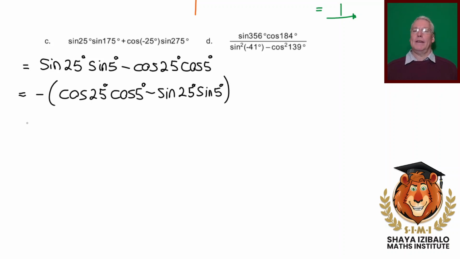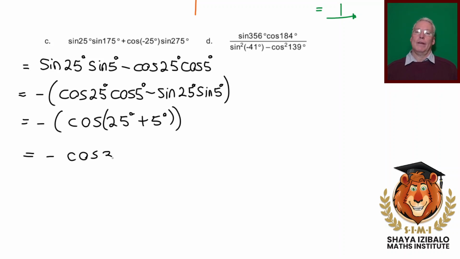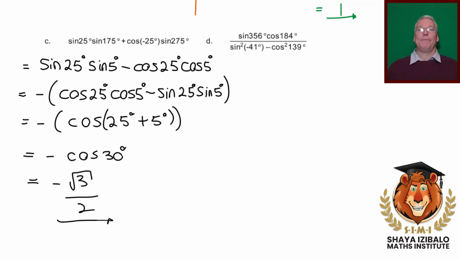Okay, and that is cos of 25 degrees plus 5. And 25 plus 5 is a special angle. So in fact, we're going to get negative cos of 30 degrees. Cos of 30 degrees, root 3 over 2. Negative root 3 over 2. Okay. All right, and the last one.